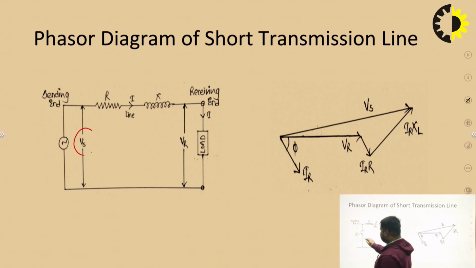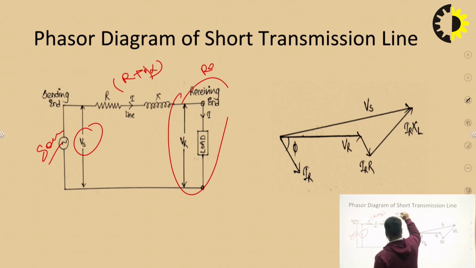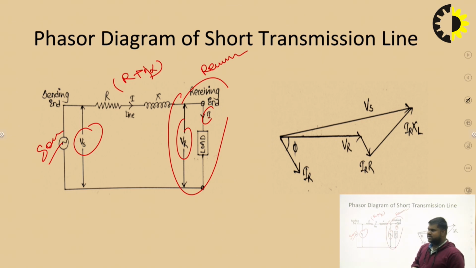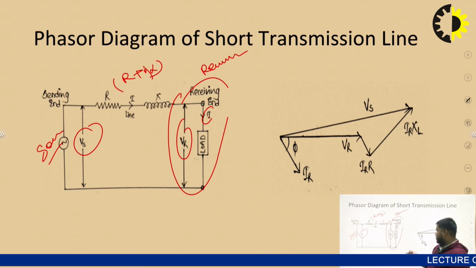This is the sending end voltage, this is the source, R plus jX, that is Z, and this is the receiving end voltage, that is VR, and I and IR, IS are the same because they are all in series, and the source current, that is IS, IR and I, is the same. So this is the phasor diagram of the short transmission line.